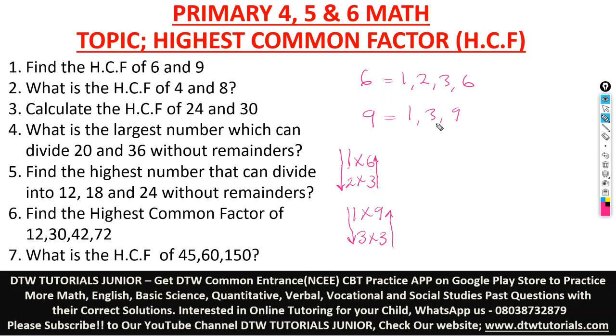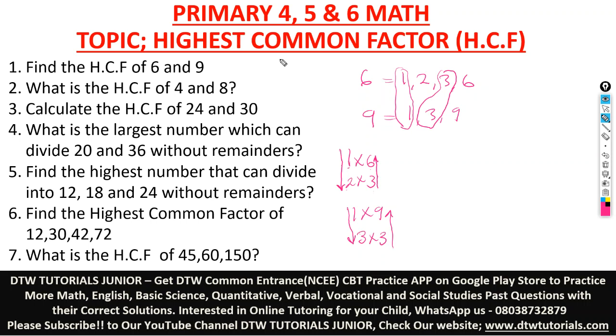Now we have gotten the factors. Now is to get the common. How many common factors do we have here, common between 6 and 9? We have 1. There's a 1 up here, and there's also a 1 down here. There's a 3 up here, and there's also a 3 down here. So these are the common factors between 6 and 9.